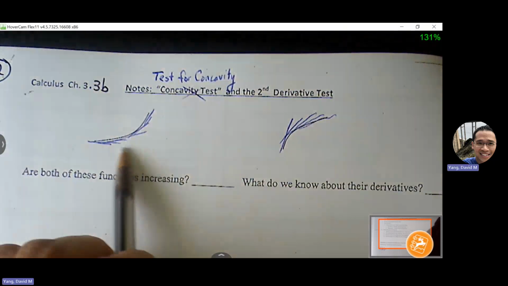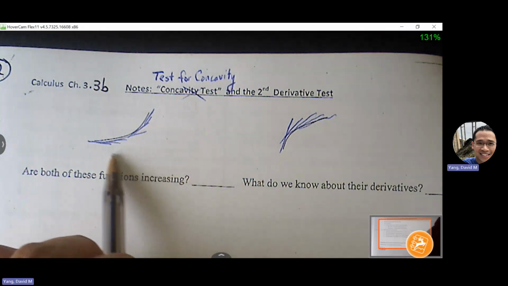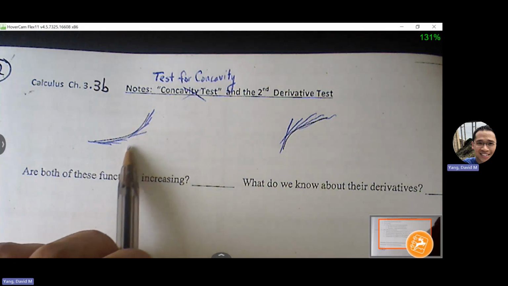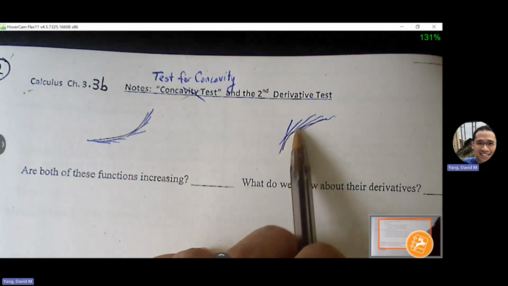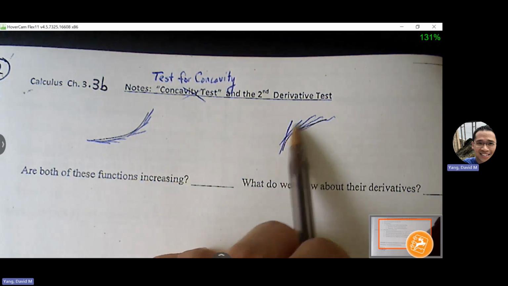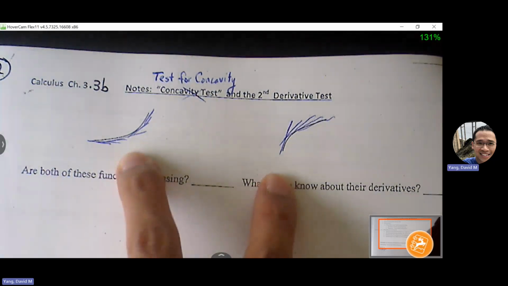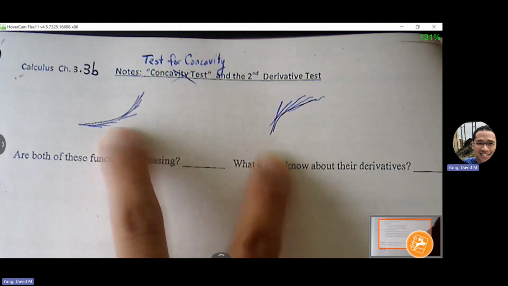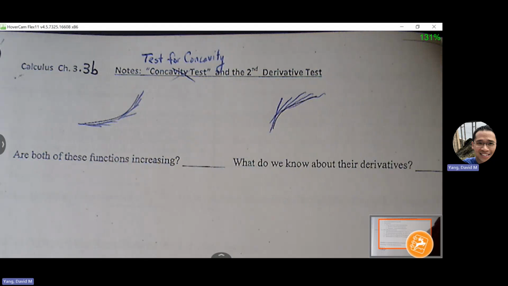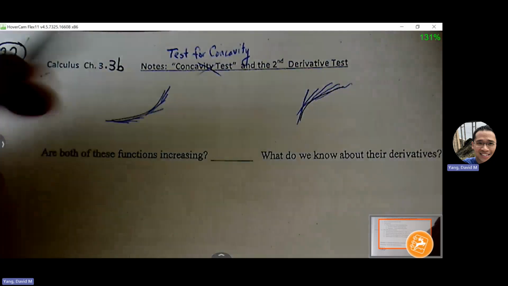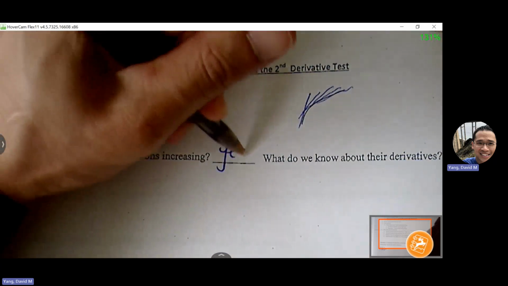So here we can say that the rate of change of the slope is increasing. Right? And here we can say that the rate of change of the slope is decreasing. So basically this refers to a second derivative, right? It's basically showing the rate of change of the slope, or the second derivative. So these functions, they're both increasing, yes.